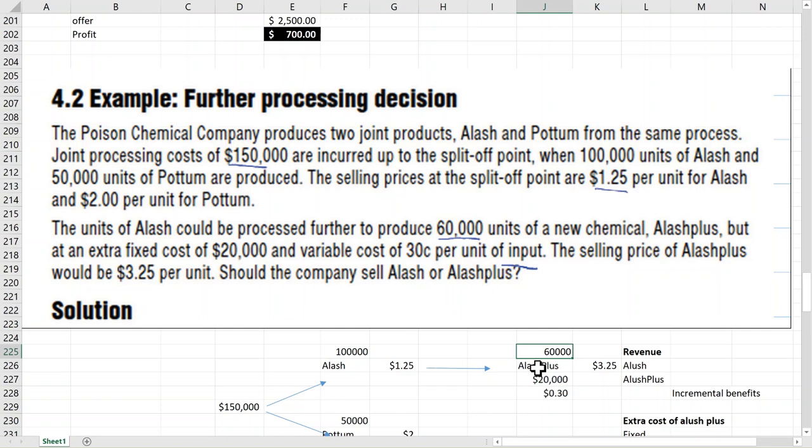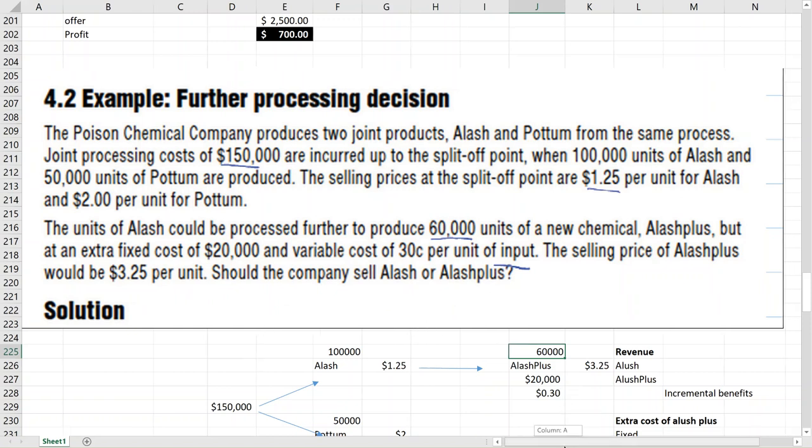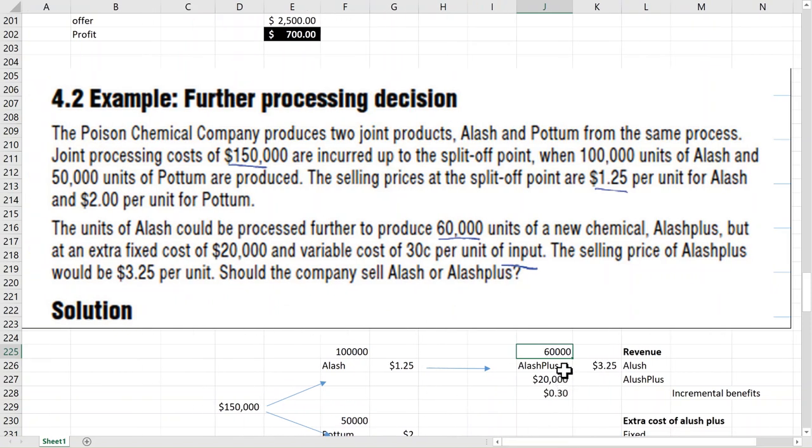So 100,000 units will give us 60,000 units only. But there will be an extra fixed cost of 20,000 and variable cost of 30 cents extra. The selling price of LH plus would be 3.25 per unit.